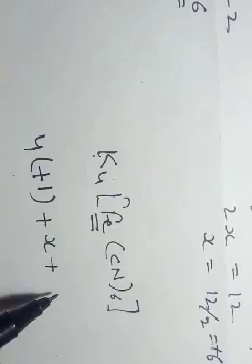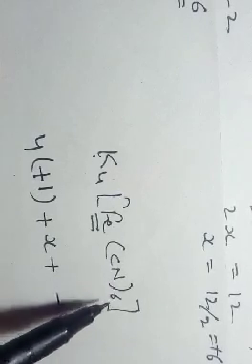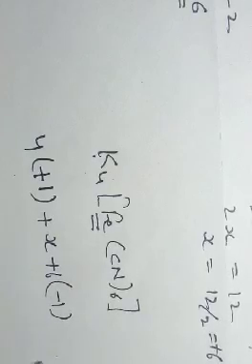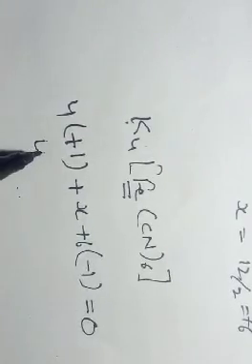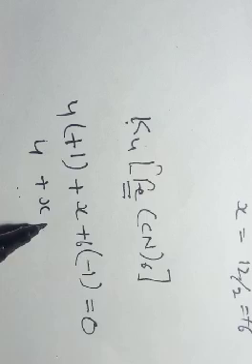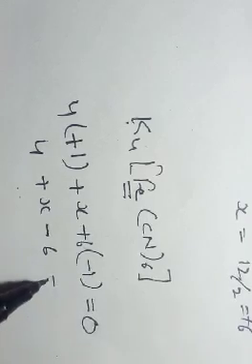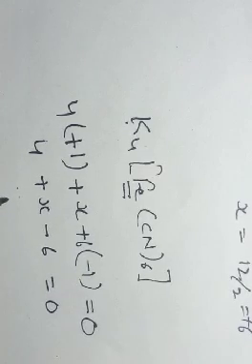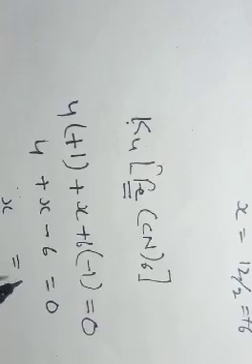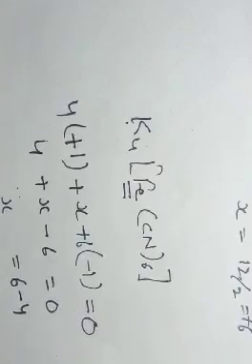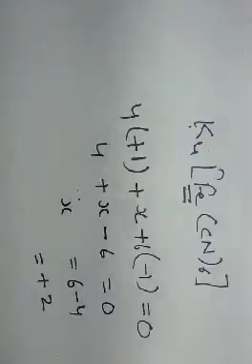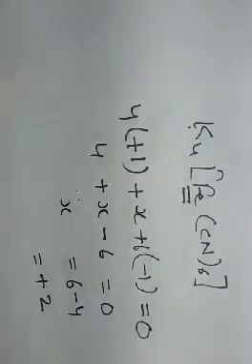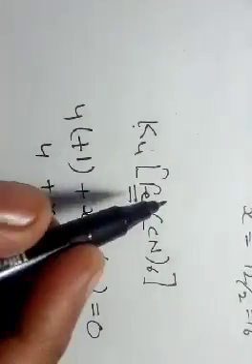So -1, and 6 cyanide ions are present, multiplied by 6, and this is a neutral molecule, so it will equal 0. Now 4 plus x minus 6 equals 0. So x equals 6 minus 4 equals +2. So iron is present here in the ferrous state. The oxidation state of iron here is +2.